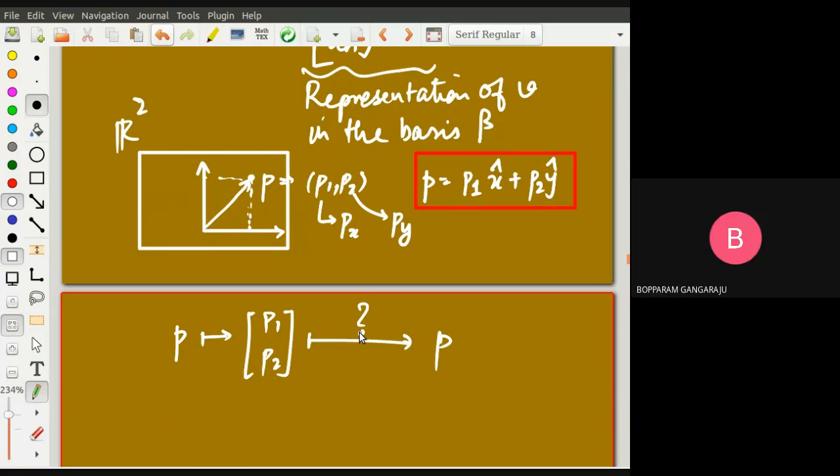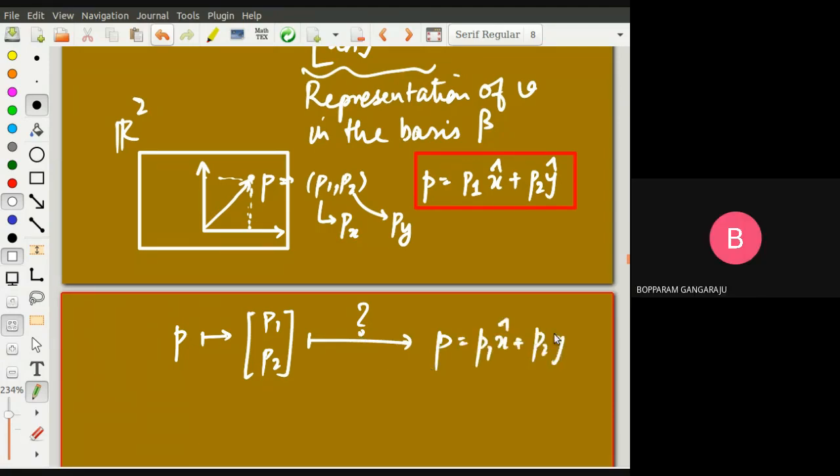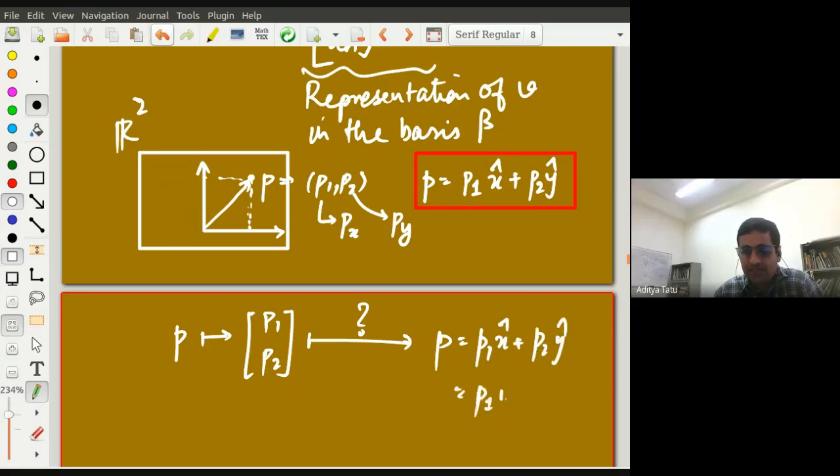P1 into first, V1. I think that is important. Why is it this and why not this? And are both of them the same? They are surely not the same, right? So how do we understand that this P1 is the coefficient to be used for the first basis only and not for the second basis?